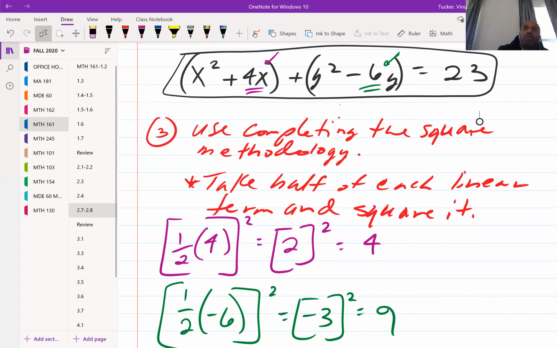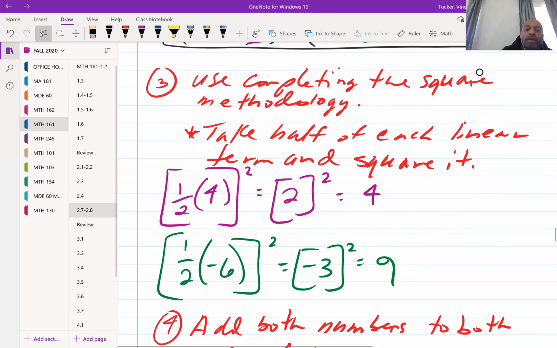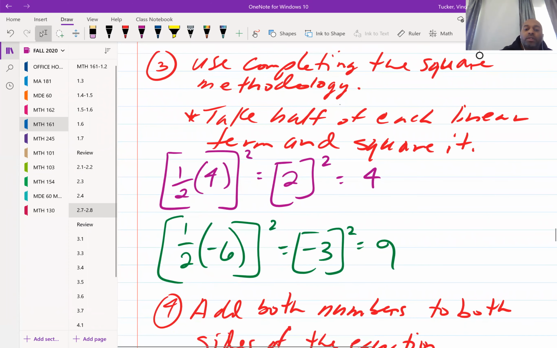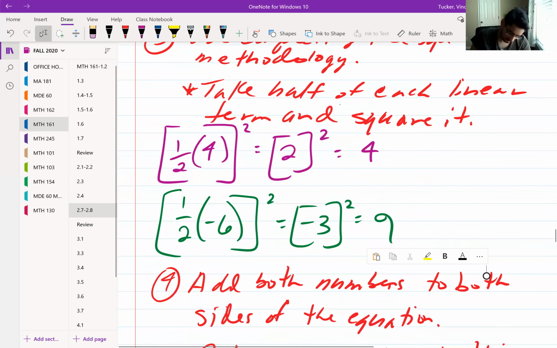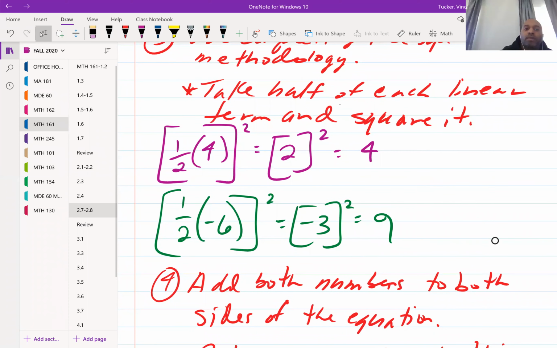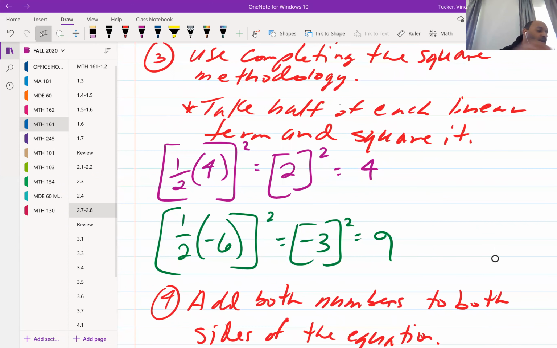Any problems? Next, we're going to add both numbers. Let's see, is everybody okay with 3? Just hold on a second. I just got to take note of that. Which one? Right here? Number 3. All right.